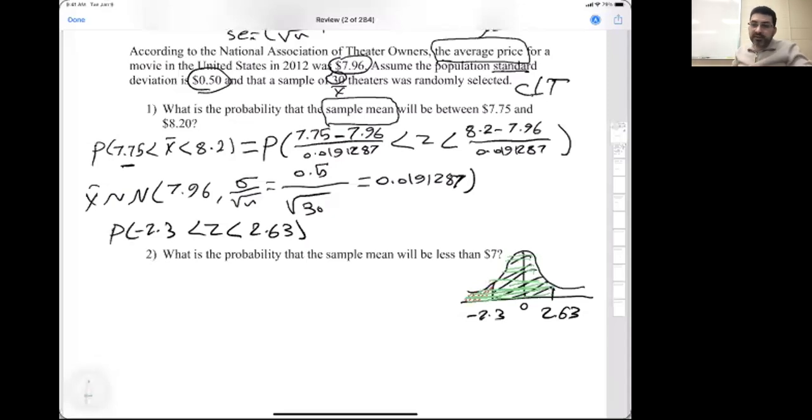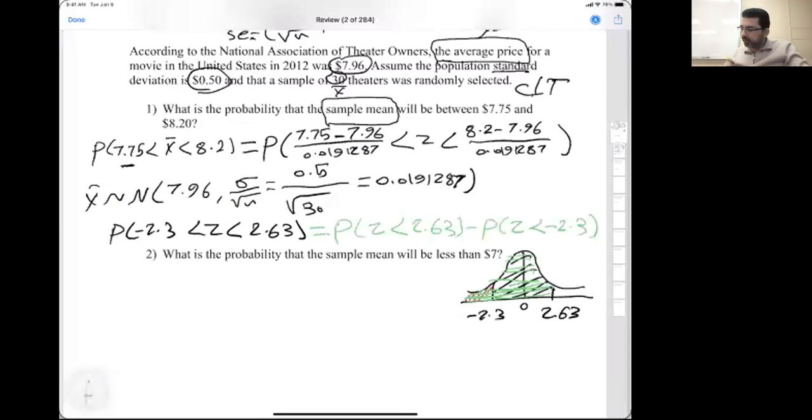We translate this rule mathematically this way. We can rewrite this probability as the probability that z is less than 2.63 minus the probability that z is less than negative 2.3.